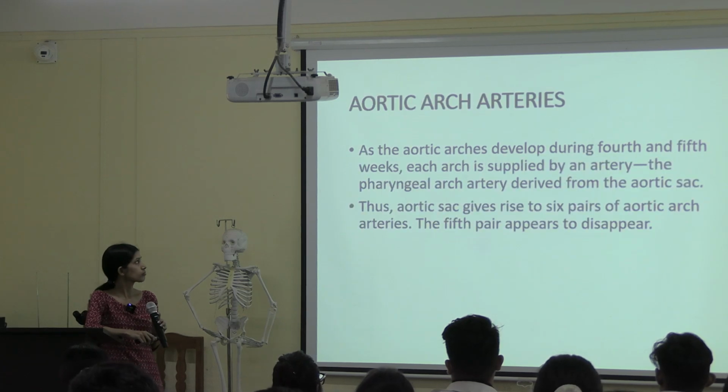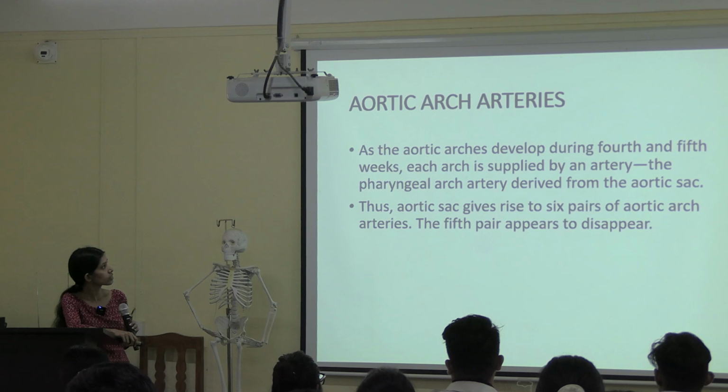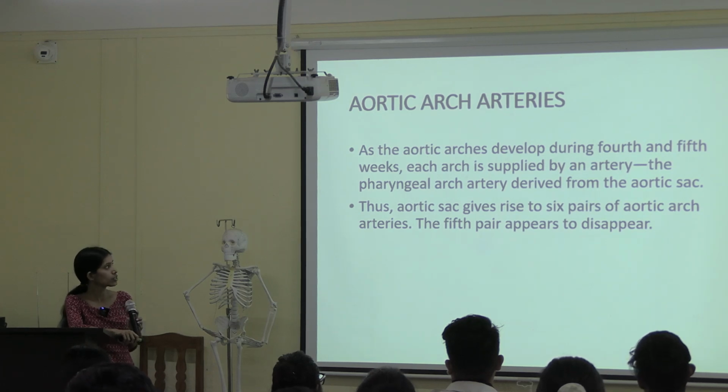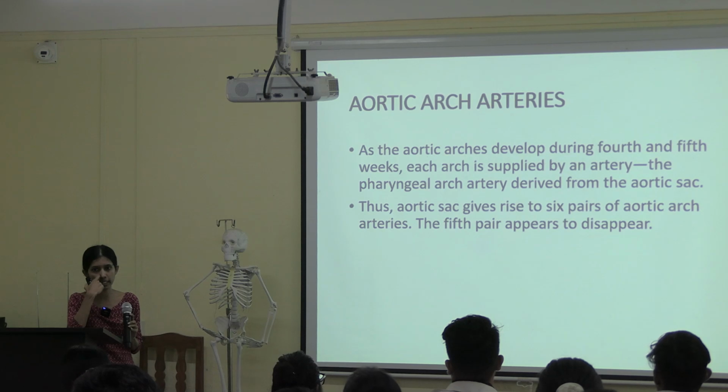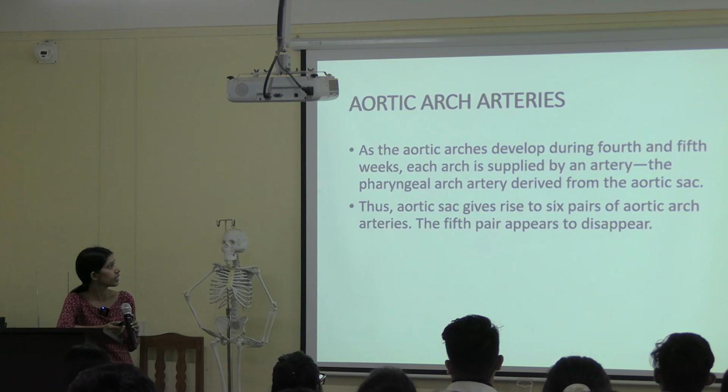Okay. Next, aortic arch arteries develop during the 4th and 5th week. Each arch is supplied by an artery, that is the pharyngeal arch arteries, which are derived from your aortic sac. Thus the aortic sac gives us 6 pairs of aortic arches, in which the 5th one will disappear.